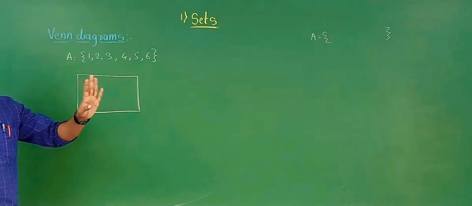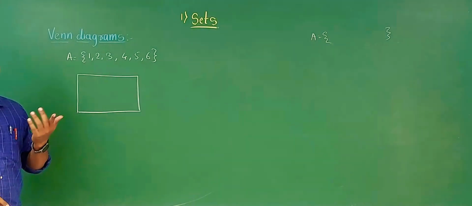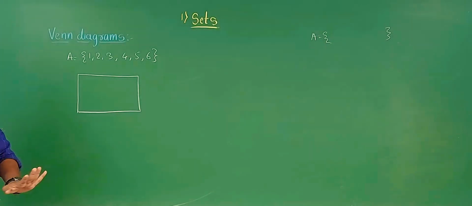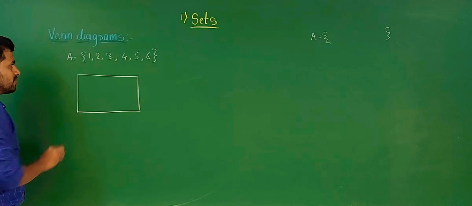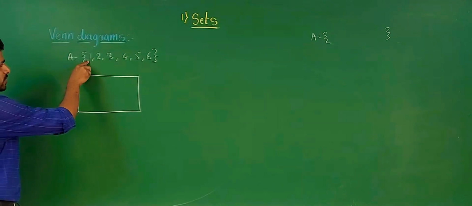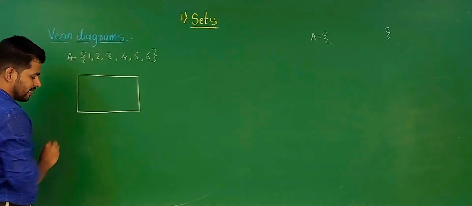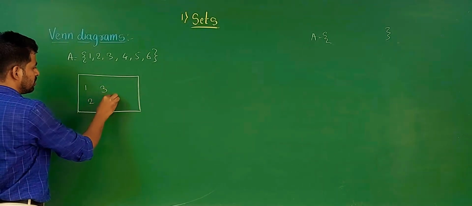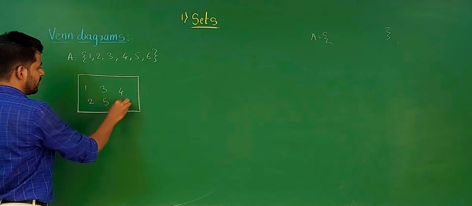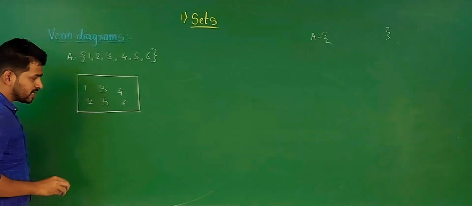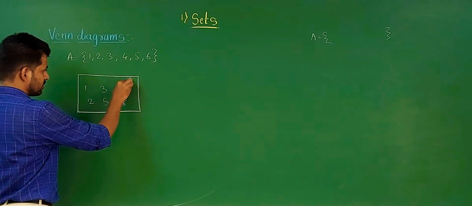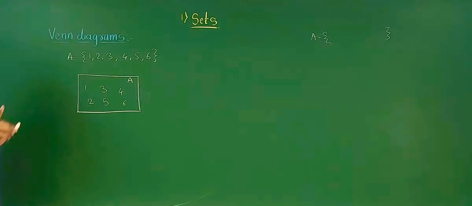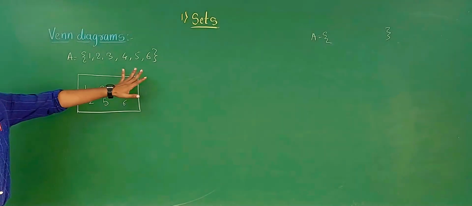It is not necessary to draw a rectangle. You can draw a triangle, circle, oval, whatever. We draw one closed figure, and then the elements 1, 2, 3, 4, 5, 6 are there. So we write 1, 2, 3, 4, 5 and 6 inside, and we write the name of the set, here A, in one corner.